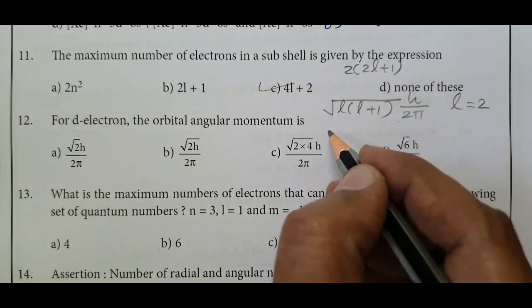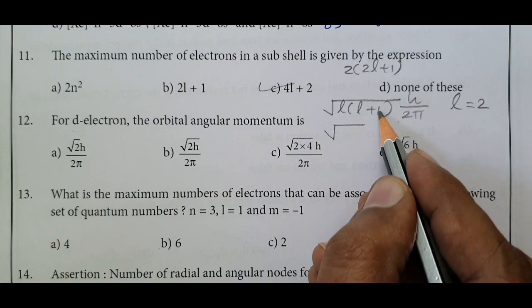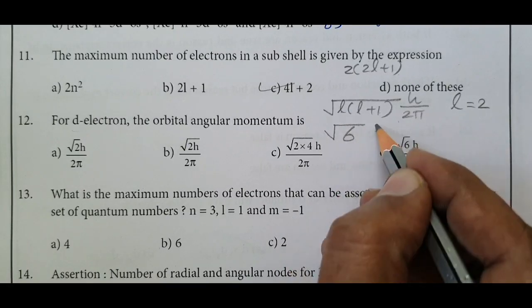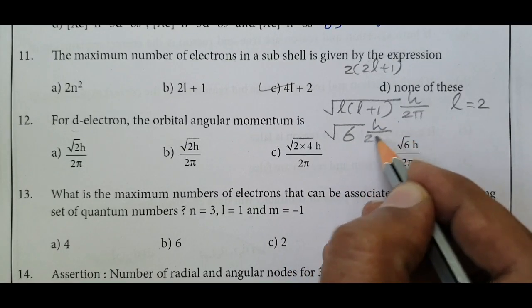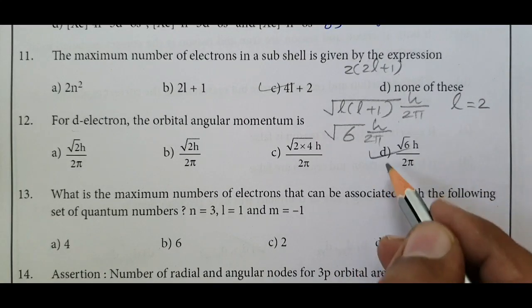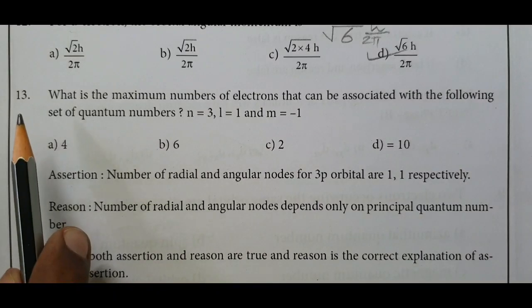When you substitute this, you will get 2 into 2 plus 1 equal to 3, 3 into 2 is 6. So root 6 into h by 2 pi. Answer D is correct. Come to question number 13.